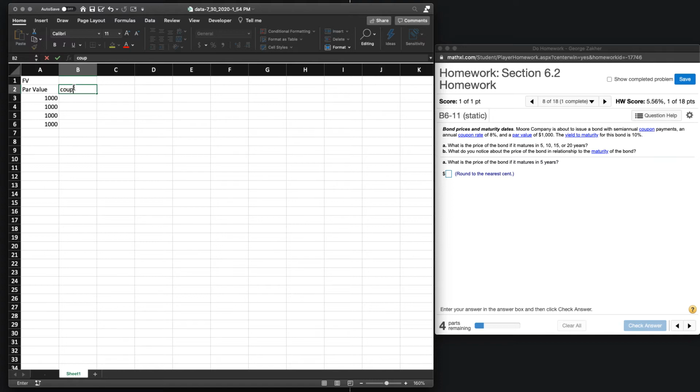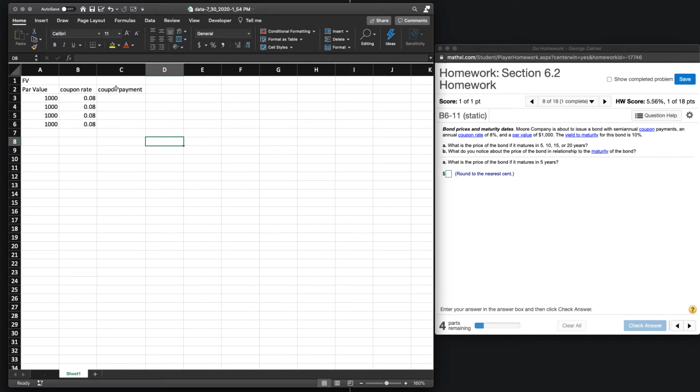And of course, you recall that's going to help us figure out our coupon payment. So the coupon rate is 8%. If we have our future value, our par level, and our coupon rate, we will figure out our coupon payment. And just want to remind everyone it's a semi-annual, okay?